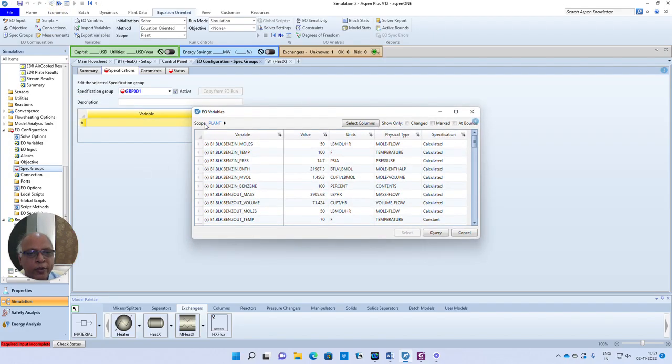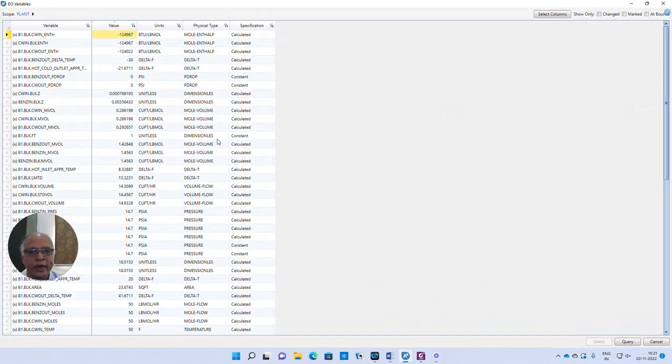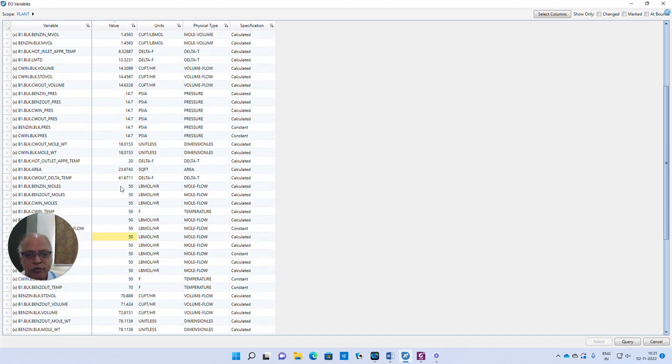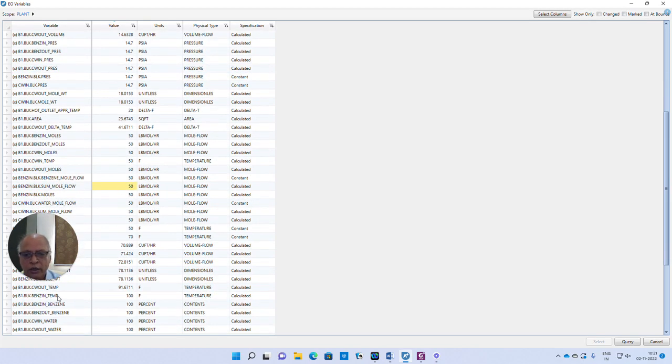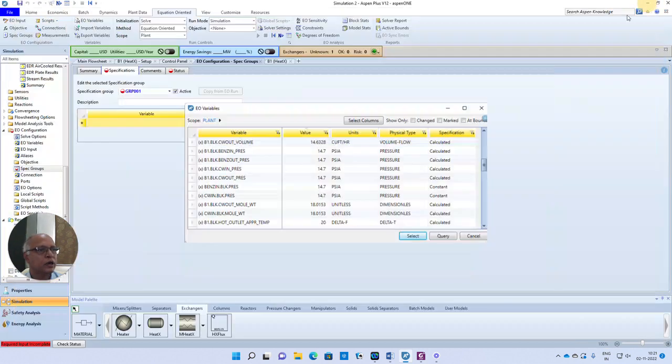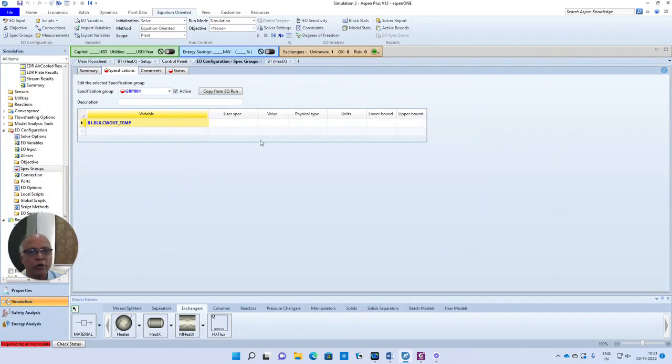So let us give the specifications. What is the requirement for us? We have seen from the previous results that the outlet temperature was 91 with respect to cooling water. So the cooling water outlet temperature, which has been calculated as 91, we wanted this to be at 65. So I'll select this variable.